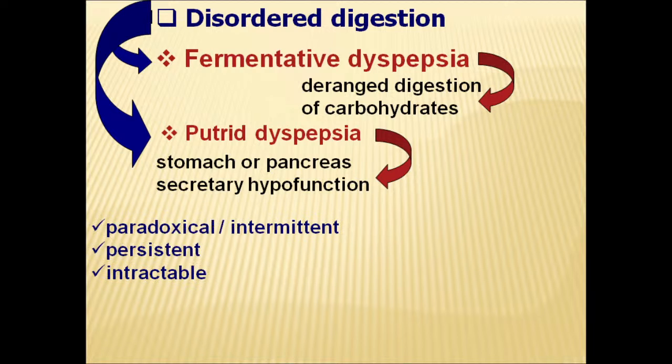We can differentiate diarrhea depending on its duration. Paradoxical or intermittent diarrhea appears for a short time. Usually specific treatment is not needed because it is characteristic for traveling people and appears due to changing of water and some dietary predilection.